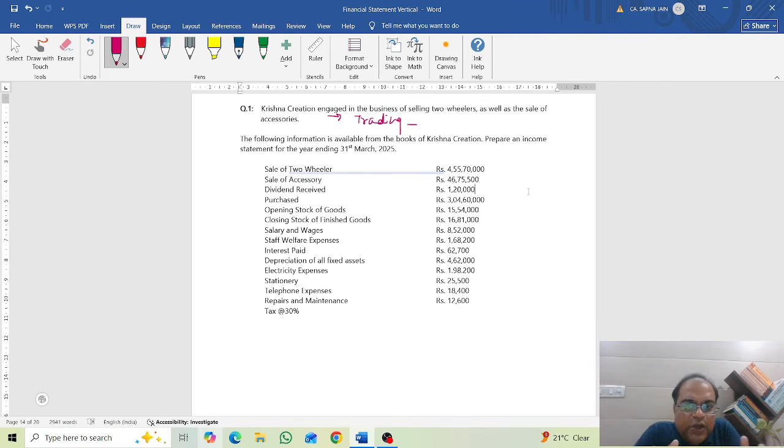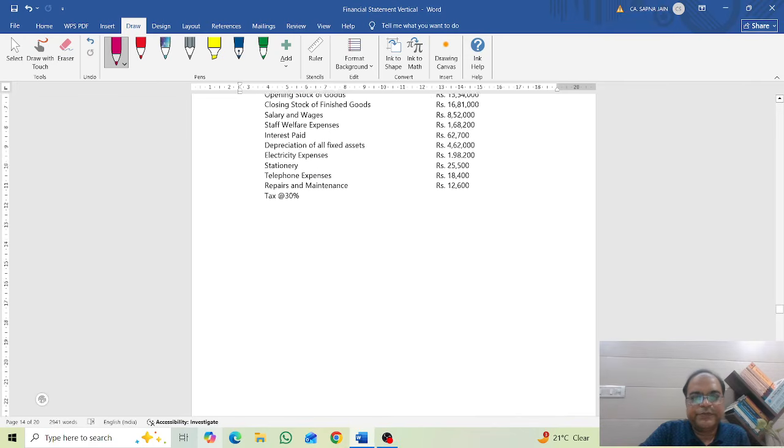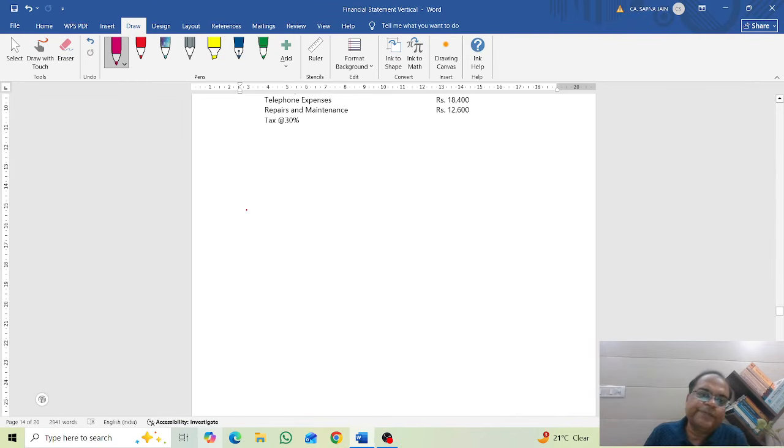Now the selling of two-wheelers as well as sale of accessories both are classified under the revenue from operation. Some of the information is given. The following information is available from the books of Krishna Creation. Prepare an income statement for the year ending 31st March 2025. Okay, how to prepare?